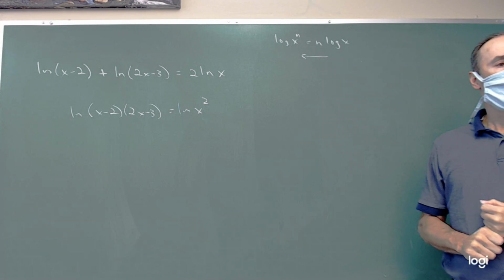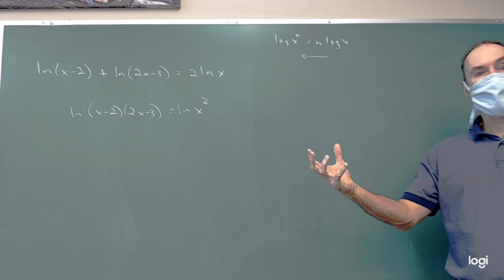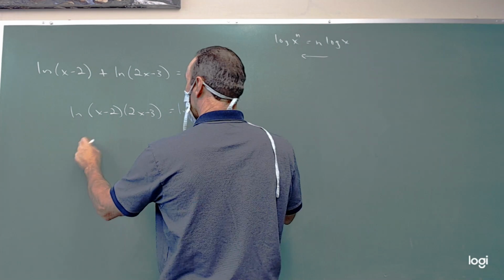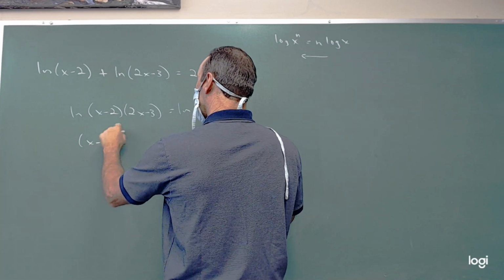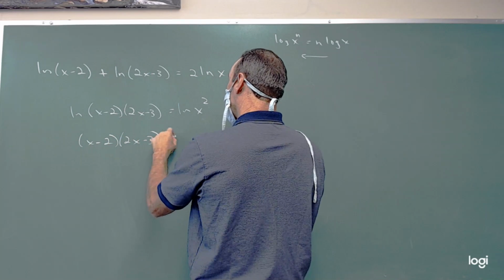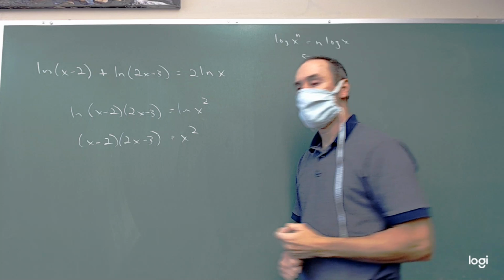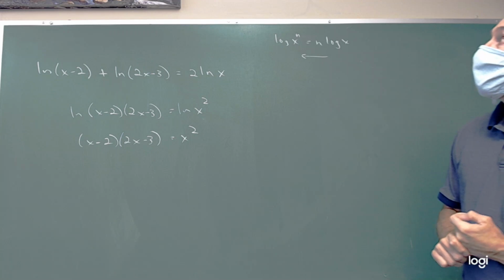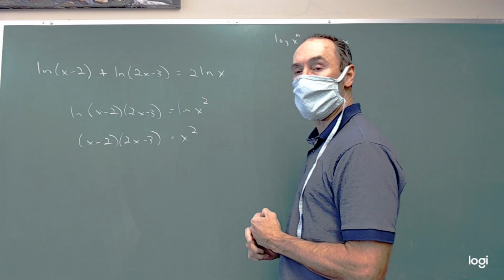Now we have a logarithm equal to a logarithm, so you could drop those logarithms, and we get x minus 2 times 2x minus 3 equal to x squared. We're going to have to multiply that all out.